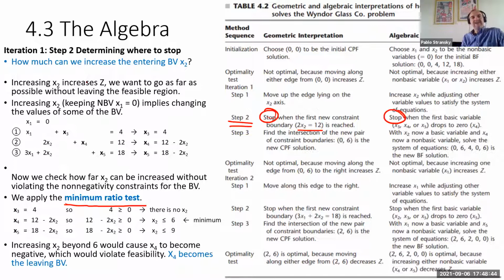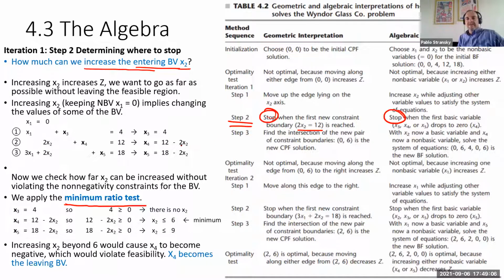Now, let me give you some background. If we increase x2, that means x2 will become my new basic variable. We don't want to overpass the situation where we go away from the feasible region.